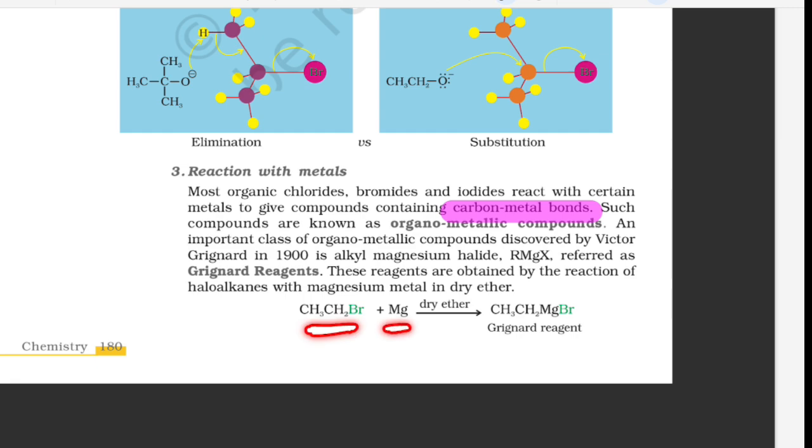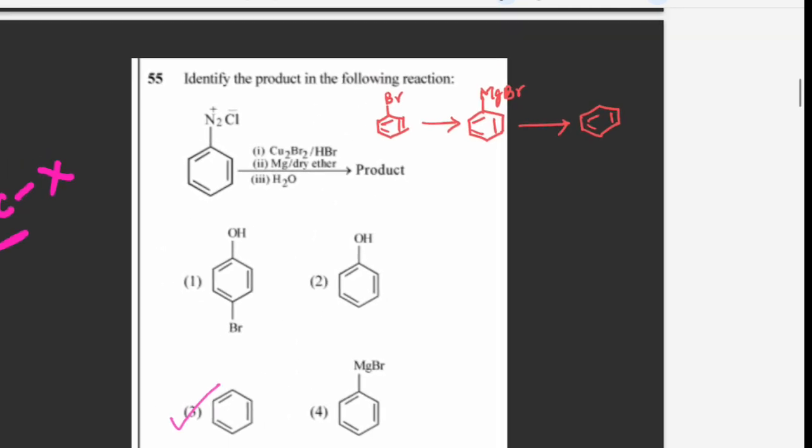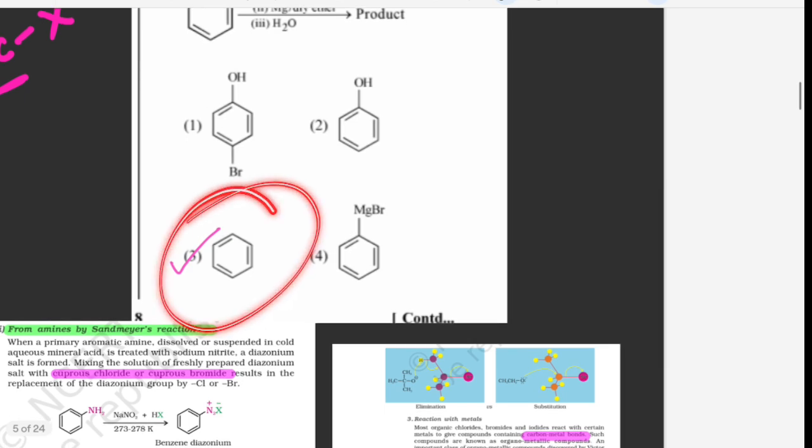When it is treated with magnesium in dry ether, you can see a carbon-metal bond is formed. In the same way here, in the second step, a carbon-metal bond will be formed. The third step is treating with water, hydrolysis. Here the carbon-metal bond will break and hydrogen will be added here and OH will be added here. As a result, you will get benzene. So the correct option is benzene.